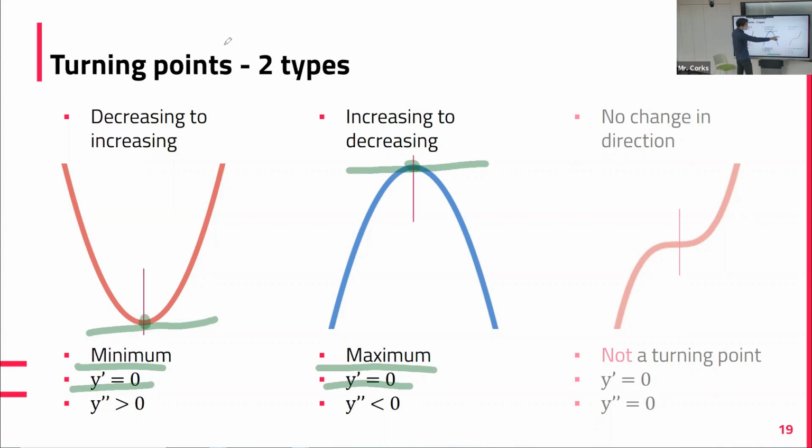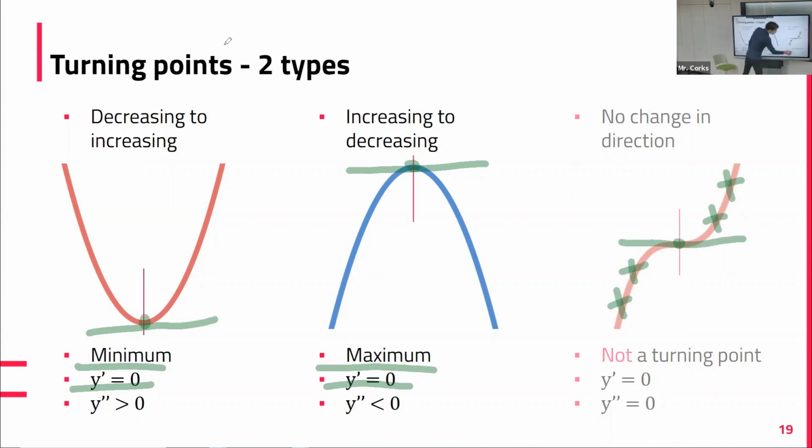However, we do have a third type like this, which we have talked about a little bit so far, where the slope does go exactly to 0, but before that point slopes are positive and after that point slopes are positive, so it's not a turning point.